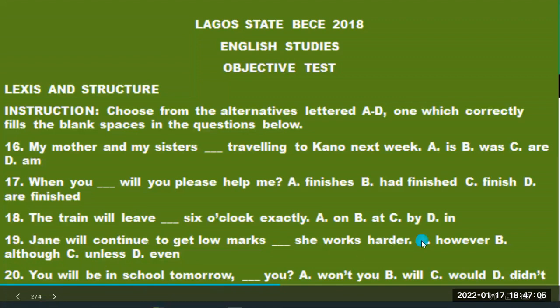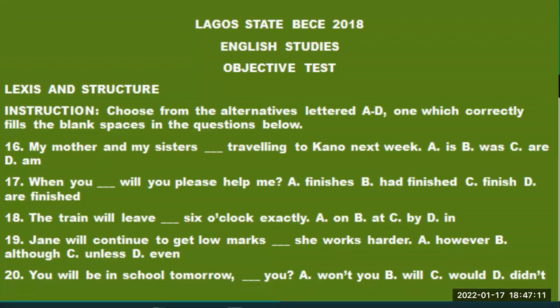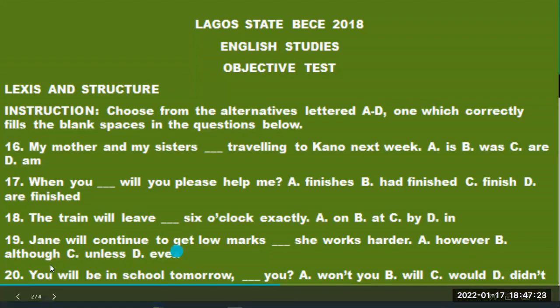And if you test all the other options, they won't fit in. Can you say Jane will continue to get low marks, however she works harder? It doesn't sound meaningful, all right? Can you say Jane will continue to get low marks, although she works harder?